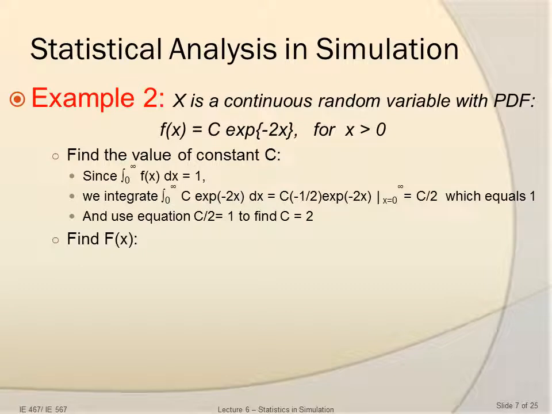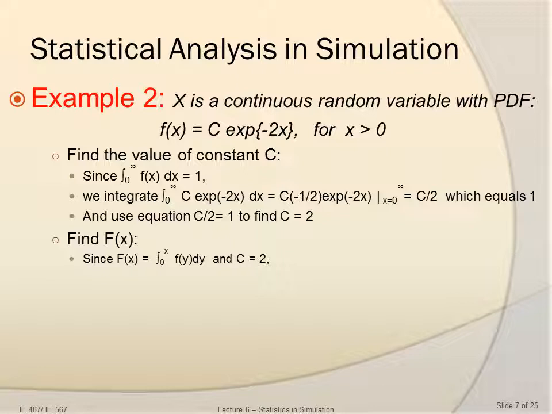Now we can find the distribution function F of x. So the capital F of x, which is a distribution function, is given by this formula. Again, in general, it would be starting with minus infinity to x. But because our function f of x is defined for x more than 0, we integrate from 0 to x, and we integrate f(y) dy.